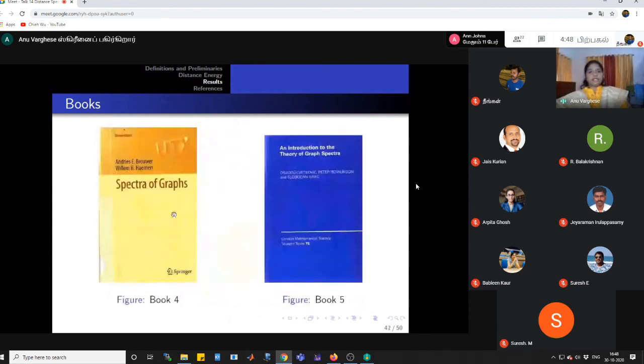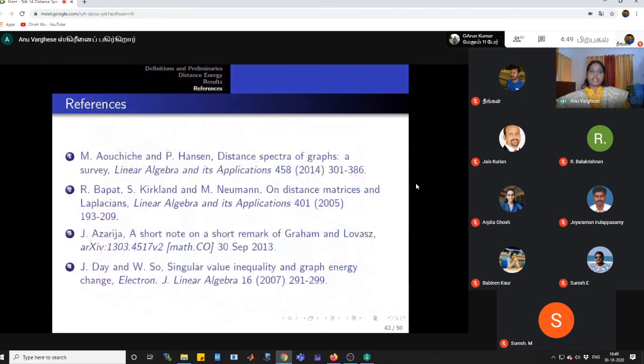And this is a book on spectra of graphs, and this is Introduction to the Theory of Graph Spectra by Cvetkovic, Rowlinson, and Simic. And some parts of these results are published in Linear Algebra and its Applications in 2018. These are the references.